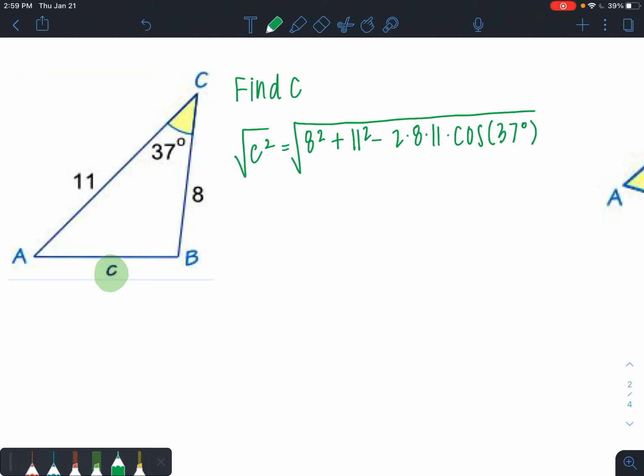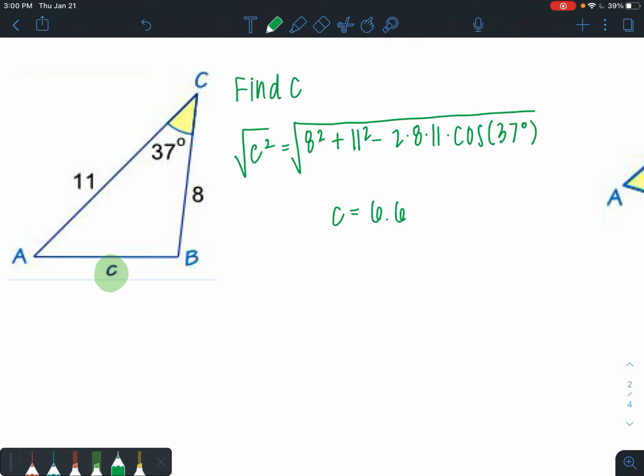So when we plug that whole thing in, I dropped my calculator, square root of 8 squared plus 11 squared minus 2 times 8 times 11 times cosine of 37 in degrees equals.